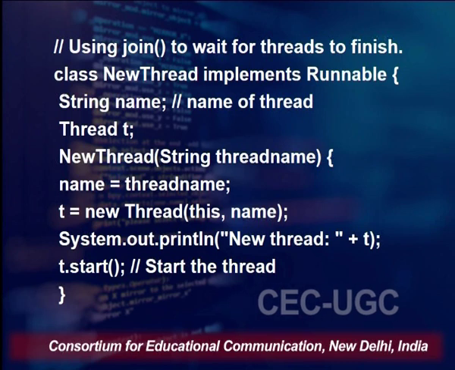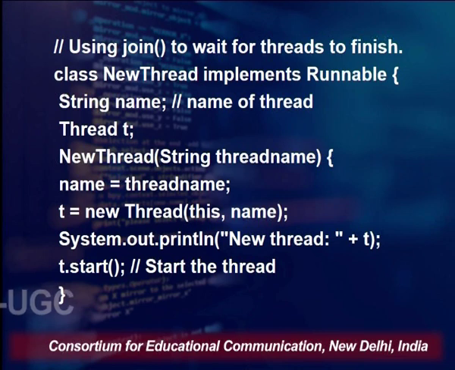We are going to use join in our program also, so let us see how this whole program goes. We have a class NewThread, and by this time this programming structure is quite familiar.